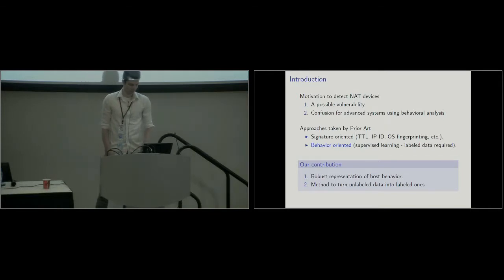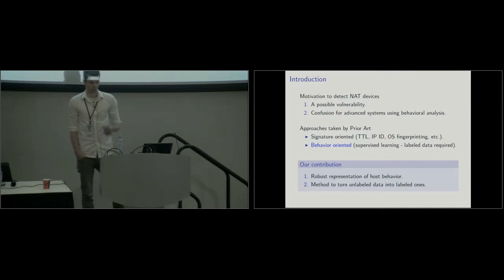A lot of prior work has been done in this area. The approaches can be divided into 2 groups, signature-oriented and behavior-oriented. The signature-oriented are usually based on some observation or expert knowledge. For example, it is known that initial TTL values of packet header fields are specific to some operating systems.